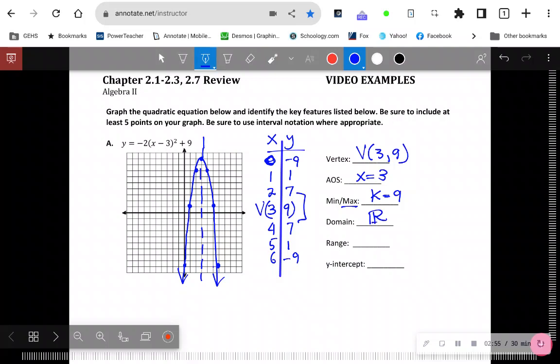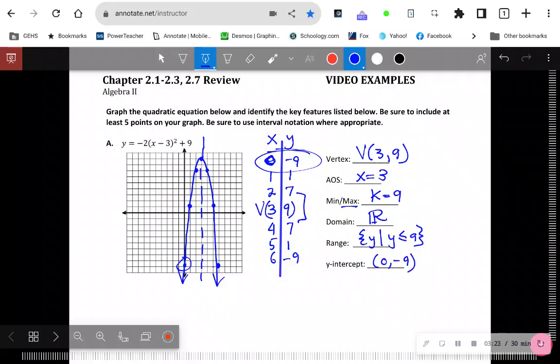The range is a set of y values, and this one has y values that get as high as 9 but then go below that. So the y values such that the y values are less than or equal to 9. And then the y-intercept, you can see it down here, but you can also see it right there. The y-intercept is 0, negative 9.